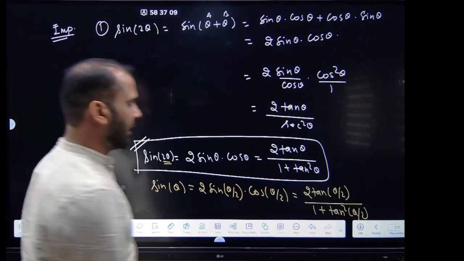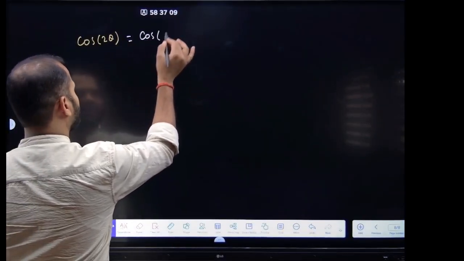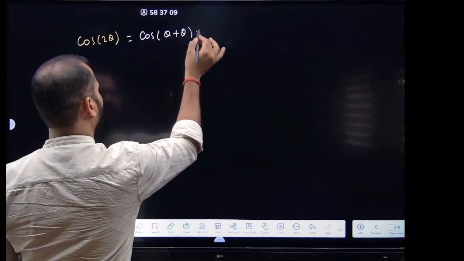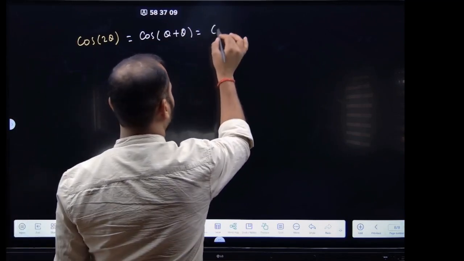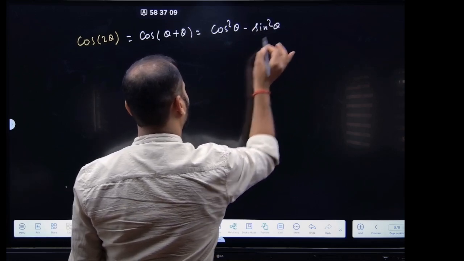So now see how to write cos 2 theta. This is nothing but cos of theta plus theta, which is cos A cos B minus sin A sin B, so I can write cos square theta minus sin square theta.